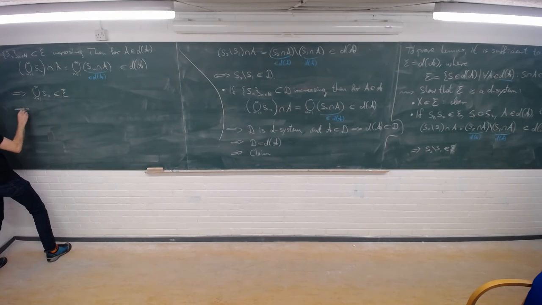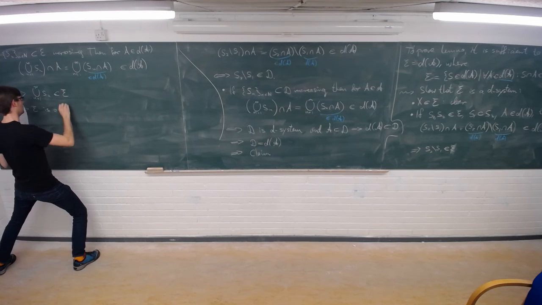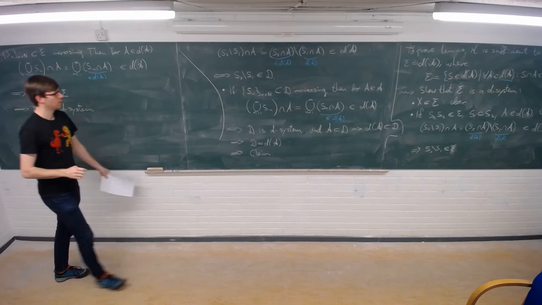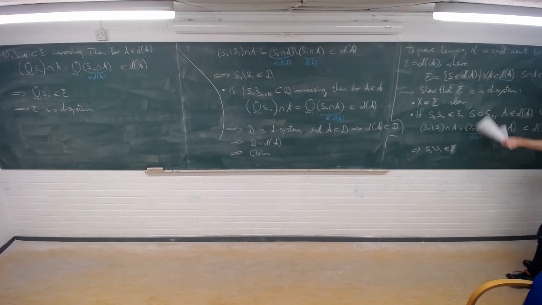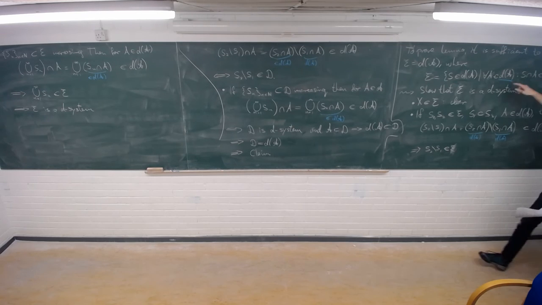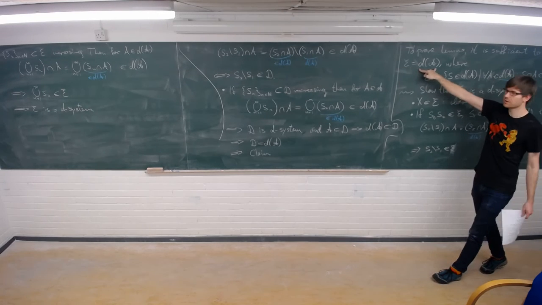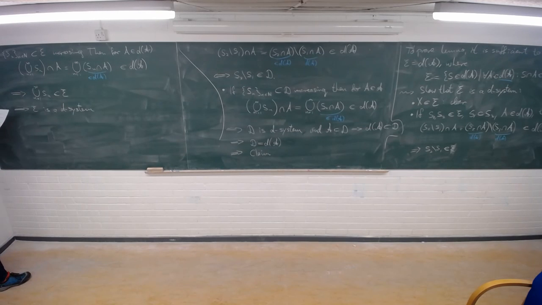So E is a D system. Okay, so this was simple because it was exactly the same strategy as for D. What we have to show is that E is not only a D system, but is equal to the D system generated by A. But now we use the claim that we've shown earlier.